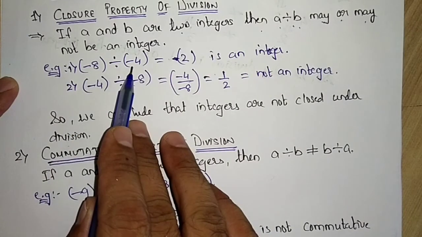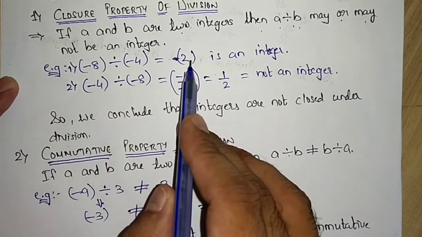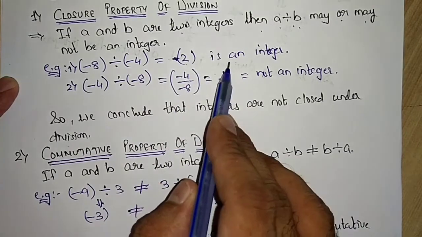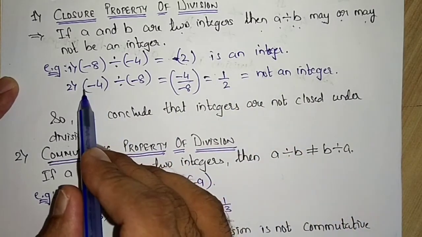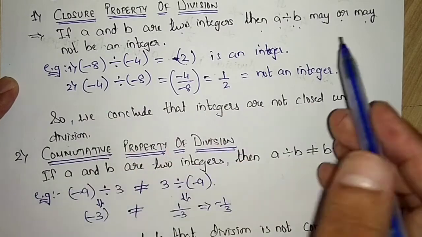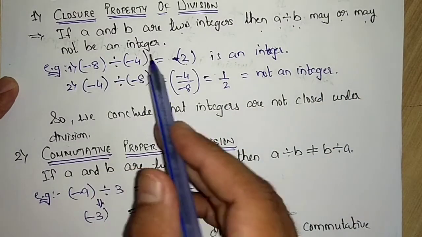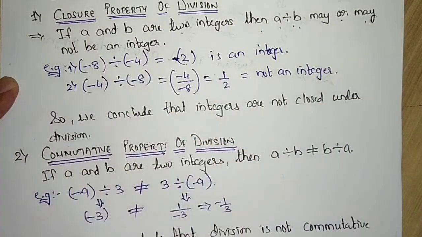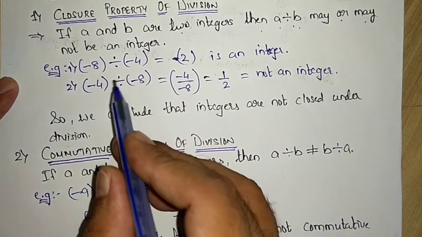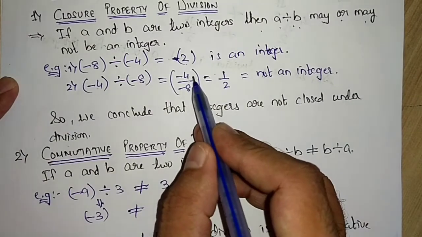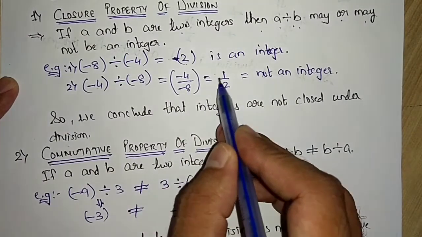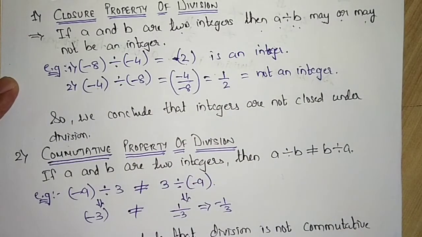Minus 8 divided by minus 4 gives 2, and 2 is an integer, we know, students. Now let us take another example, because they have told it may be an integer and it may not be an integer. Minus 4 divided by minus 8, I can write as minus 4 in the numerator divided by minus 8, and the resulting answer will be 1 by 2.